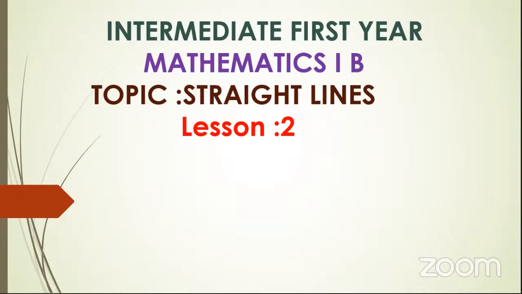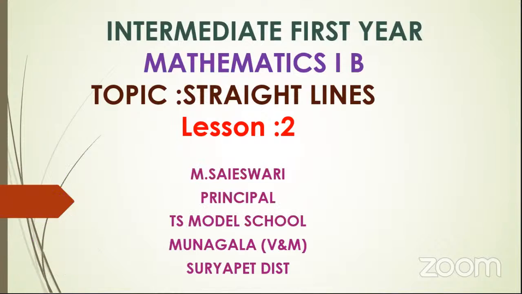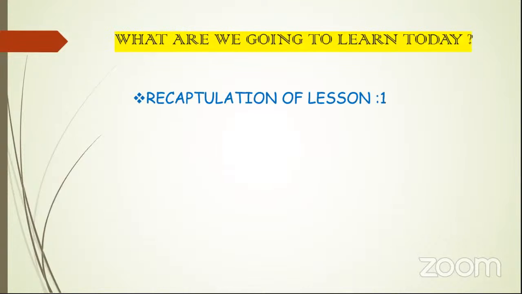Good morning, students, and good morning to all the viewers of the YouTube webinar channel of Telangana Model Schools, prestigiously being run. So here we go with the second lesson. Hope, students, you remember we had session 1 with straight lines. This is a part of Mathematics 1B. So today, what are we going to learn?